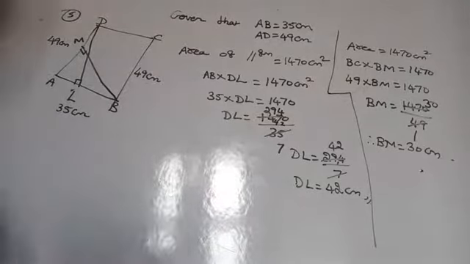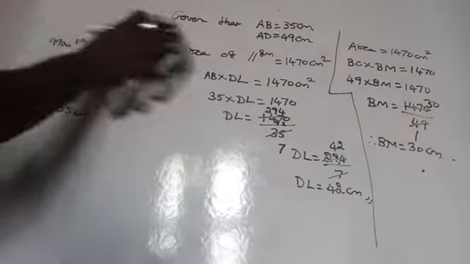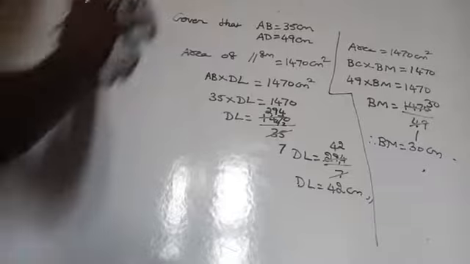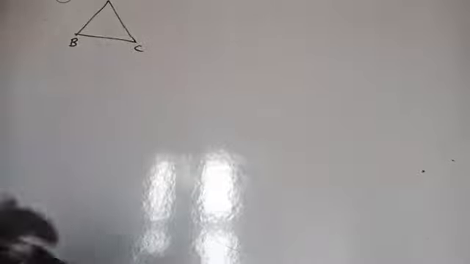Look at the question number 7. ABC is a right triangle, right angle at A. It is given.